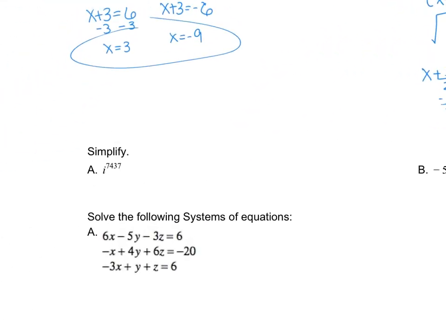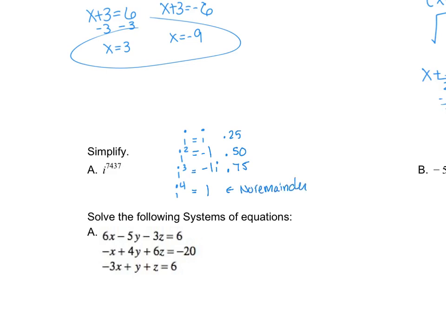Simplify. So remember that we have i squared, i to the third, i to the fourth. So i squared equals -1, i to the third would be -i, i to the fourth would be 1 again. So remember this is our 0.25, our 0.50, our 0.75, and no remainder.